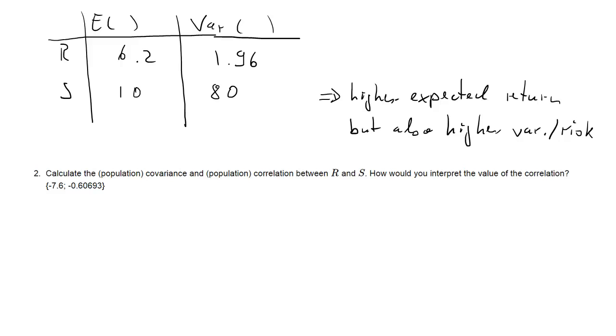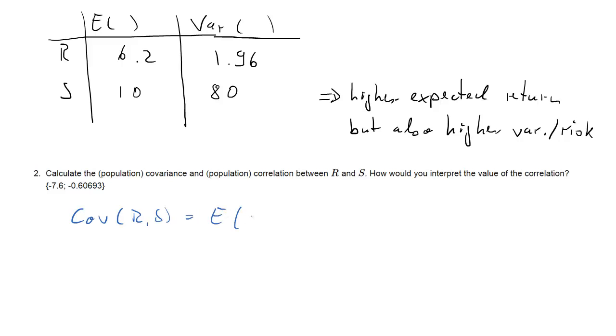So, second sub-question: calculate the population covariance and correlation between R and S, and how would you interpret the value of correlation. So, covariance, of course you need to know how to calculate that.